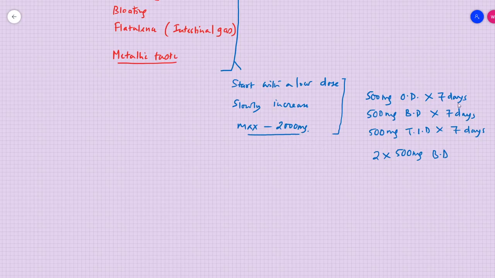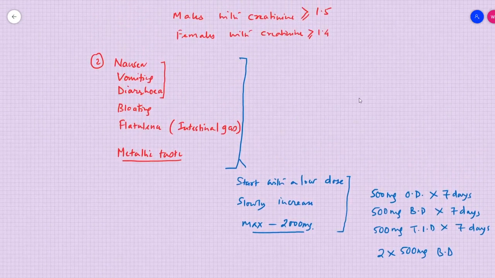The strategy is that people complain of all these problems if we start with a high dose, so let the body get adjusted. Start with a low dose and see whether the patient tolerates. After 7 days, the patient comes back and is reassessed.